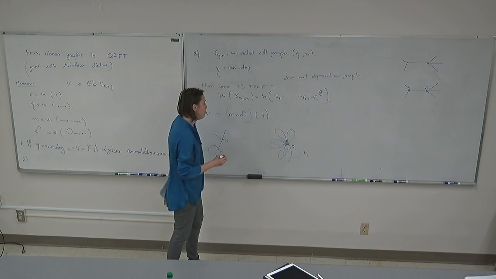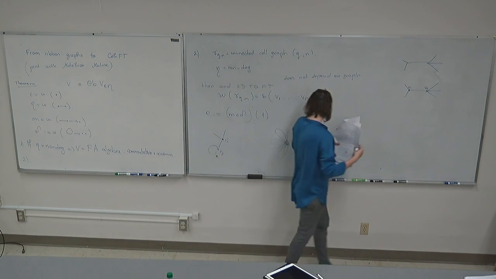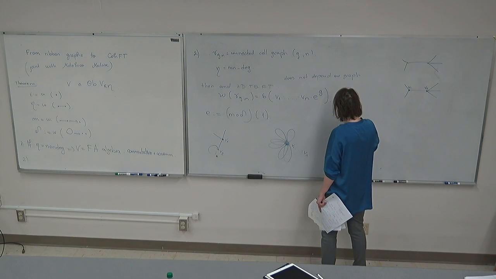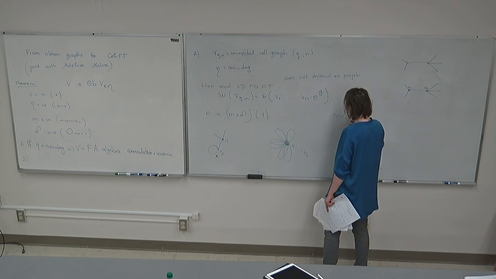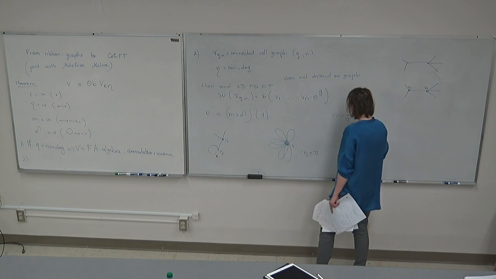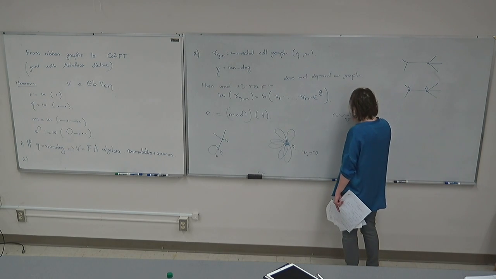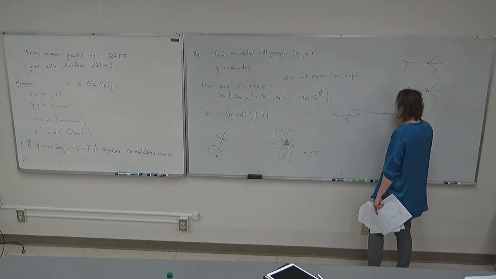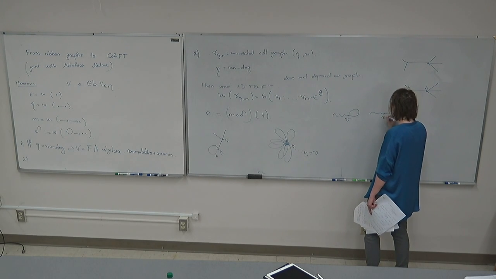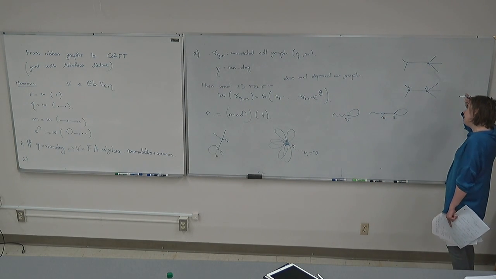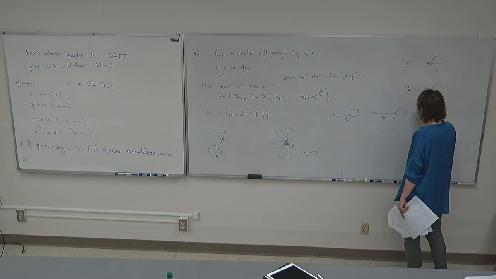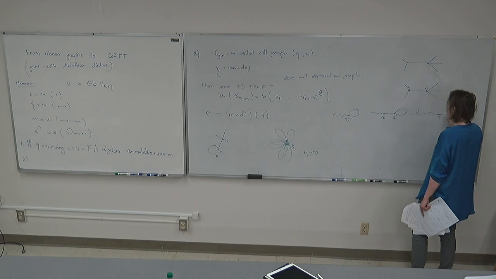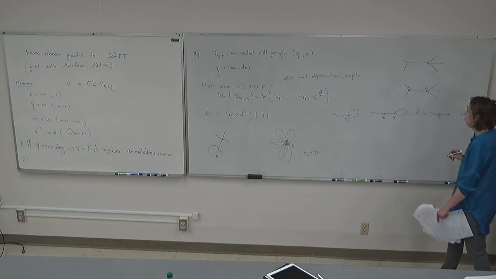Okay, so I may use this later. So what happens is that if you have a ribbon graph, and this vertex I'm going to denote by V, and it has a loop attached to it. What I can do is, this is the same as this, and now I can apply the co-multiplication, and I'm going to disconnect these two.